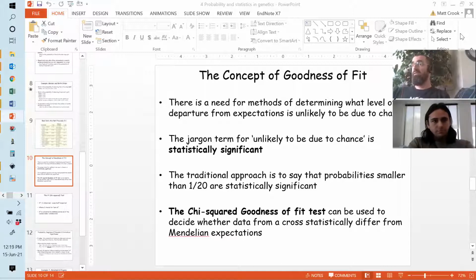So first things first, we've got to talk about the term statistically significant. If you're a bit of a science pedant like me, you'll start noticing in the literature and the news that when people say things are statistically different, what they normally mean is that they look different. What they should mean is that they've done the statistical analysis to determine if they are statistically different.